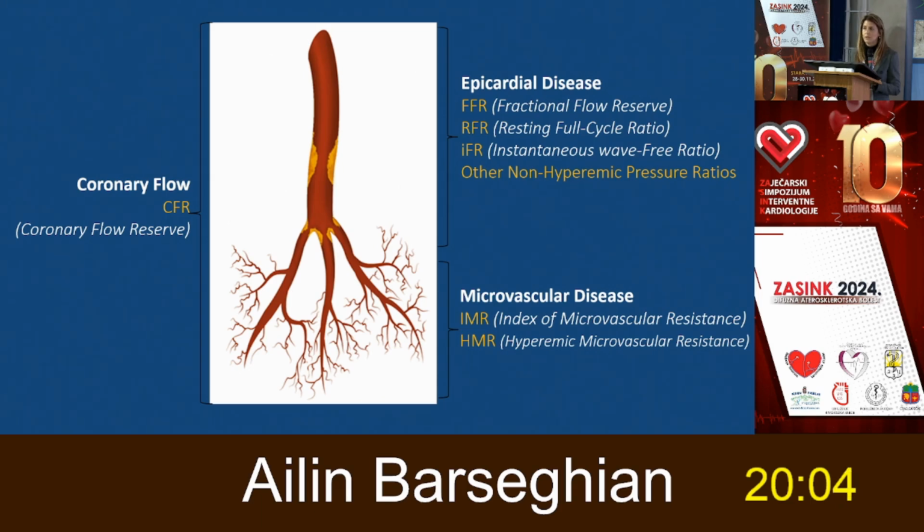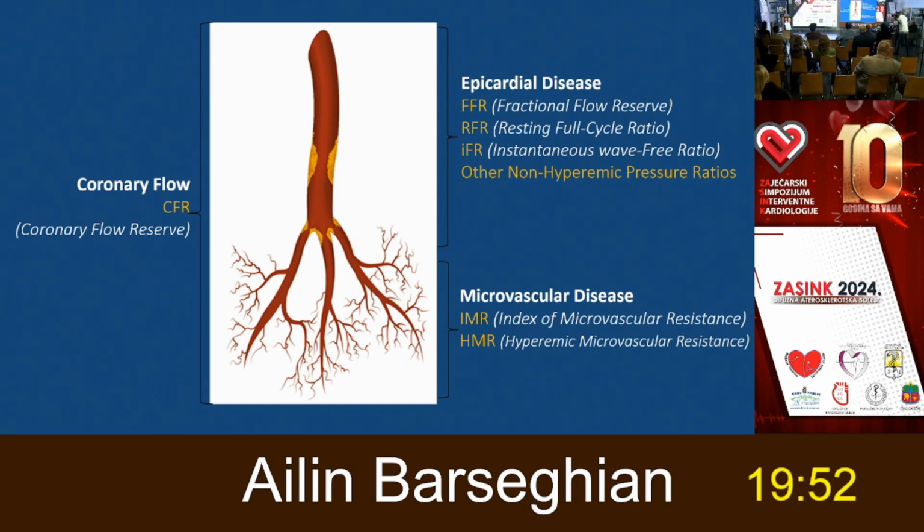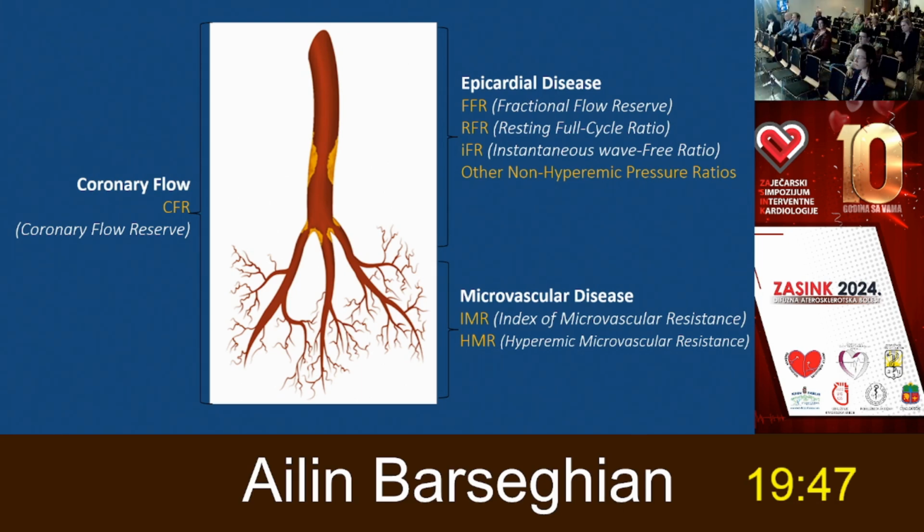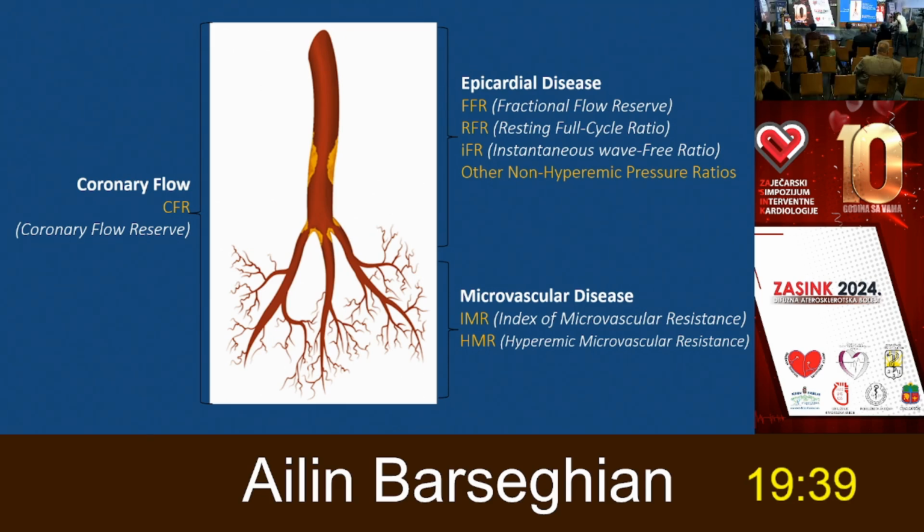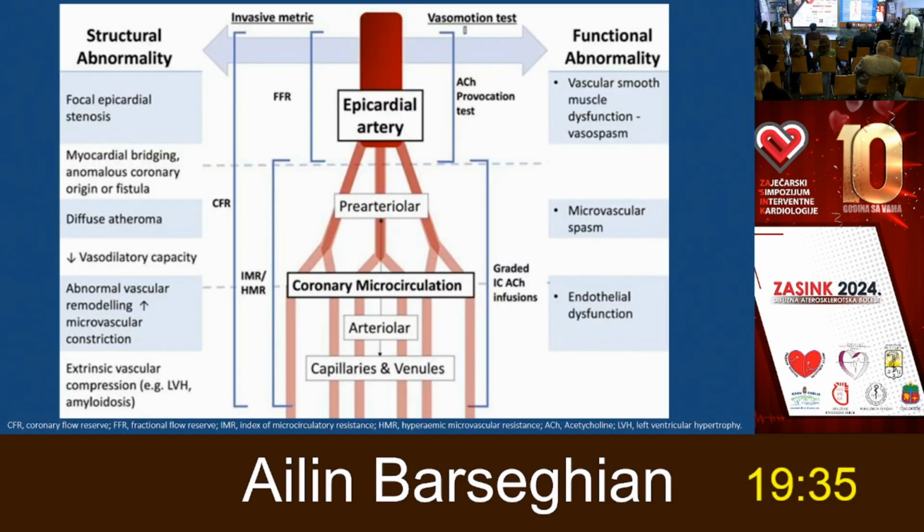Once we determine that we have a non-obstructive lesion, when we actually get the coronary flow reserve number, then we can infer that any abnormality from the CFR is actually from the microvasculature. And through the data that we can collect from flow in the coronary tree, we can then calculate the index of microvascular resistance and also HMR, which are indices. They're calculated numbers. And those give us information of how much microvascular resistance there is.